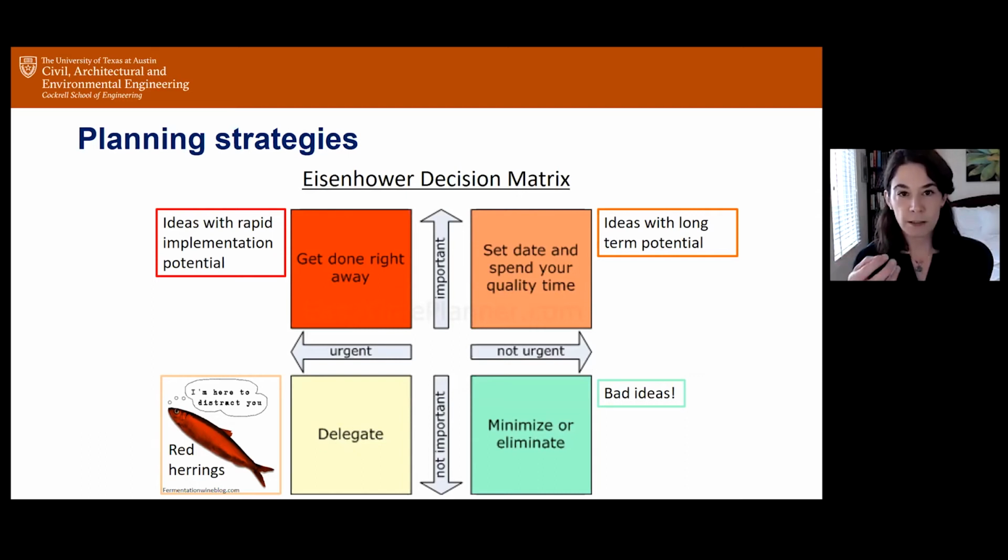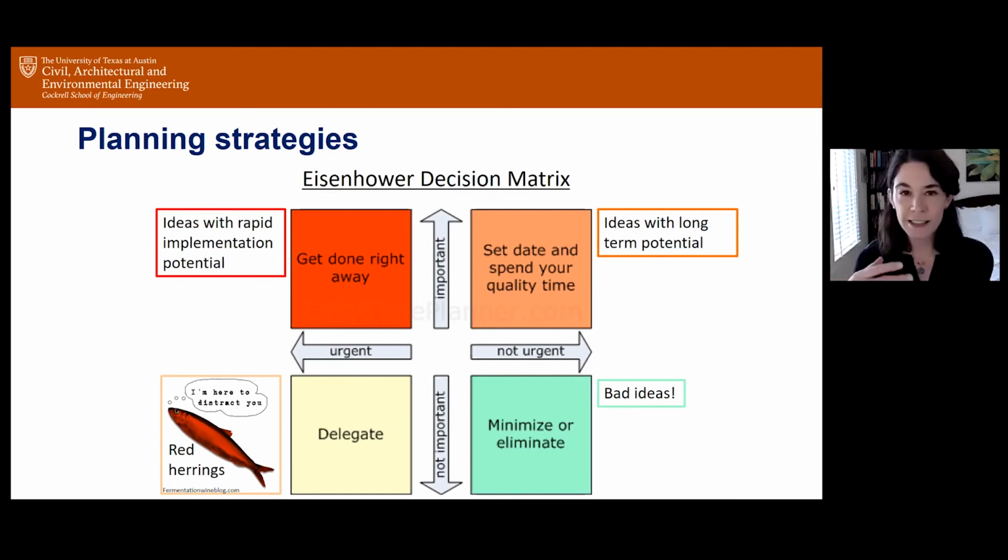These are things that are urgent to work on because you can have an impact from them right away. But things that are important but not urgent, we still need to work on those. Those are critical in terms of investment of research efforts and dollars, but we might not see an impact for them for many years in the future. So these are ideas with long-term potential.